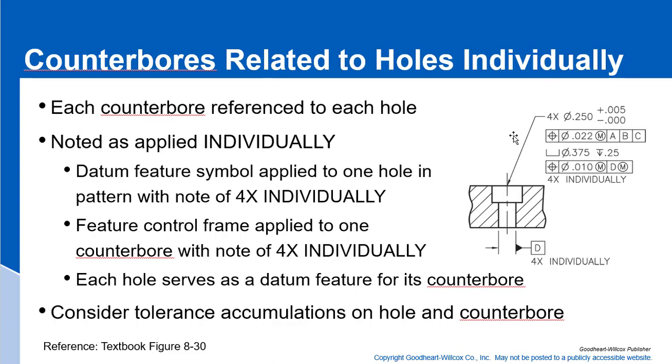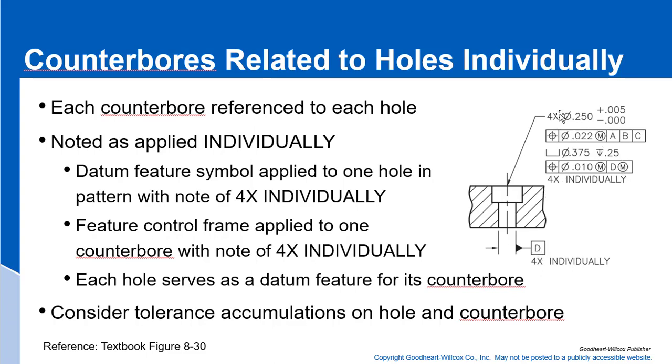So what we've done here is establish our hole size, the .250 +.005 minus nothing, with our .022 MMC tolerance to A, B, and C. And then we define that hole as D. Then we specify our counterbore at .375 diameter, .250 deep, and we're dimensioning it with a tolerance back to D. In this feature, we're doing these individually.